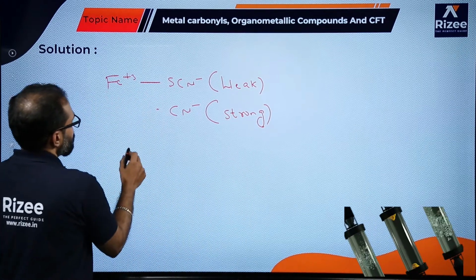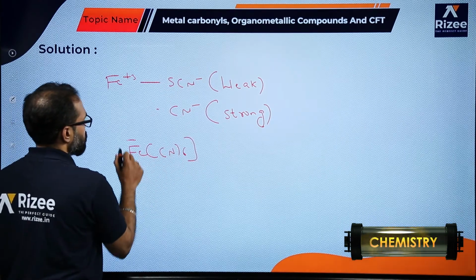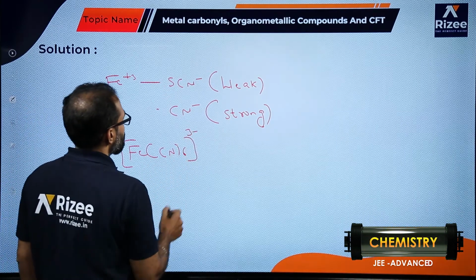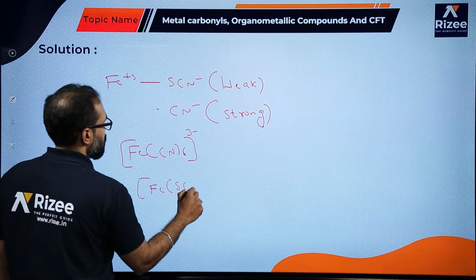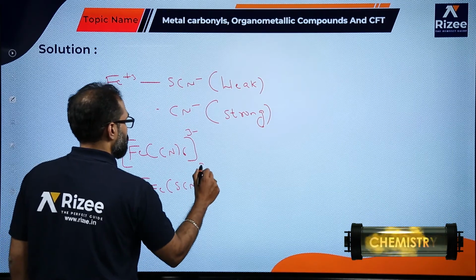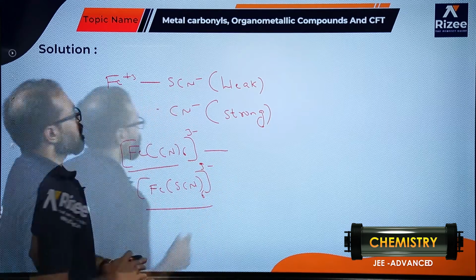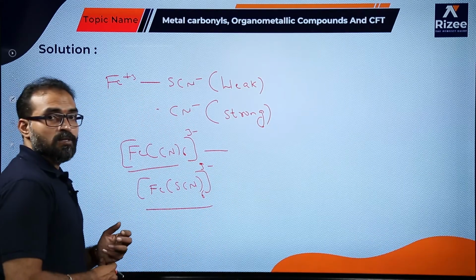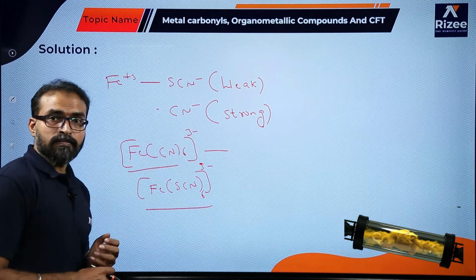Now [Fe(CN)6]3- and [Fe(SCN)6]3-. Now how many unpaired electrons are present in this? In both cases it is d5 only.